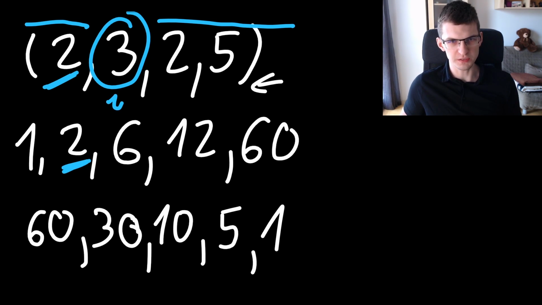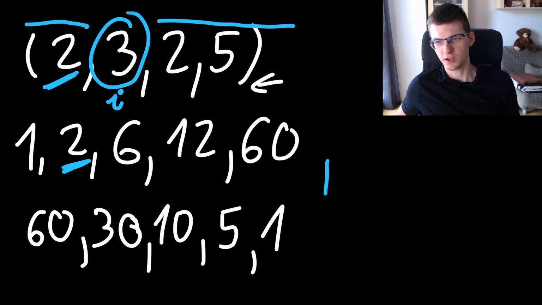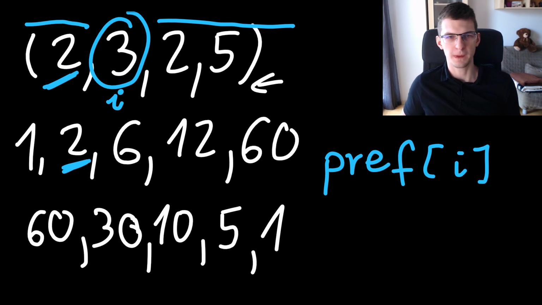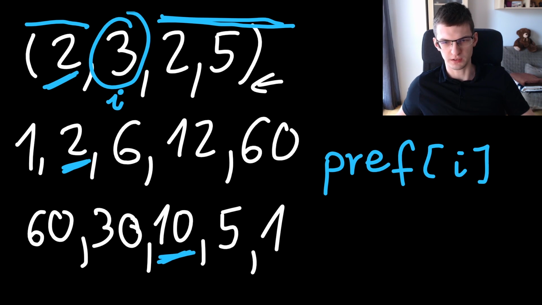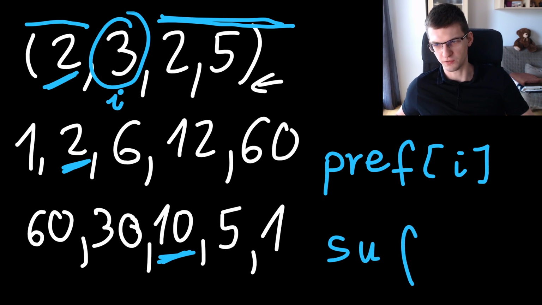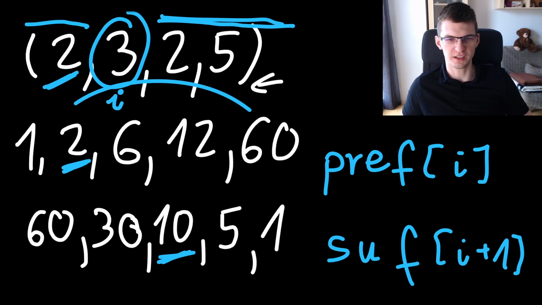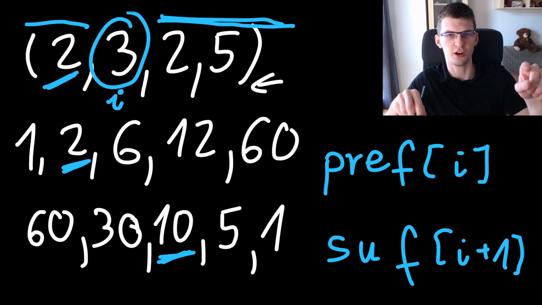So if i is equal to 1, I see for this i that I need to take prefix of i, this is the same position. This is position 1, 0 based. And to get that, I want 10, this one. And this is suffix of i plus 1. I can get this by looking at the example and seeing which index I need, or by analyzing.